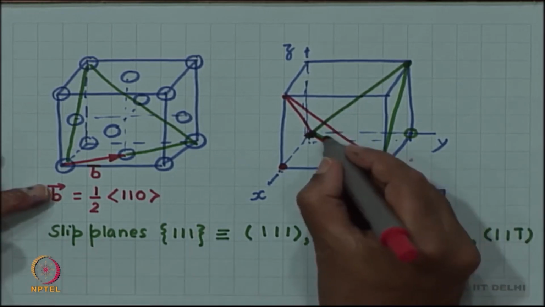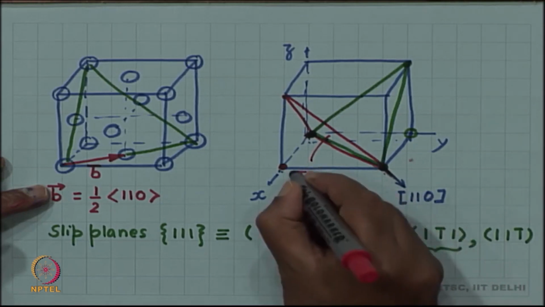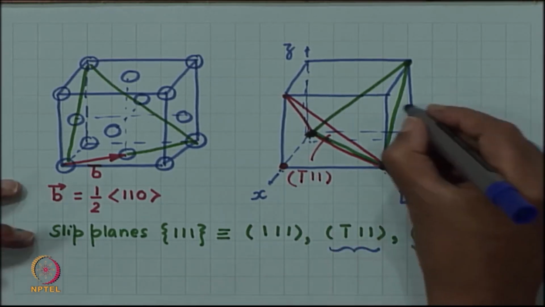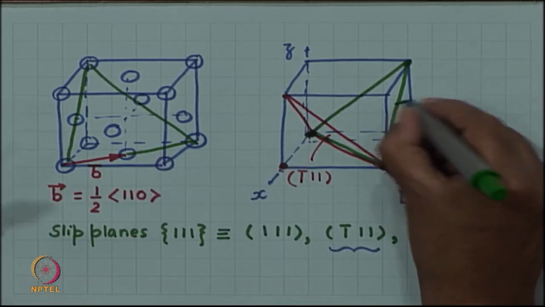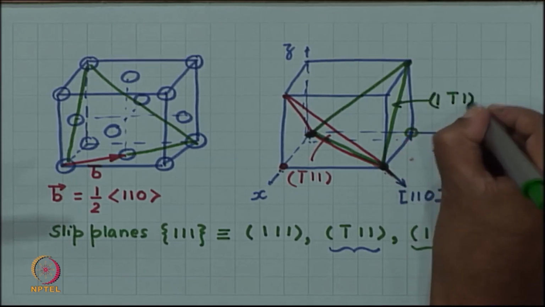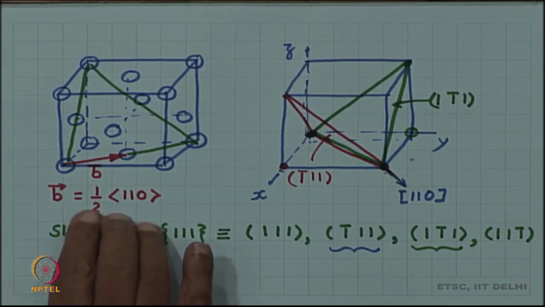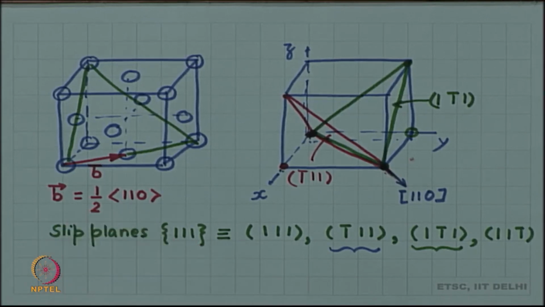The red plane is bar 1 1 1, the green plane is 1 bar 1 1 with the common direction being 1 1 0. These are the slip planes, and dislocations will be gliding on these planes, and dislocations will have Burgers vector of the type half 1 1 0.